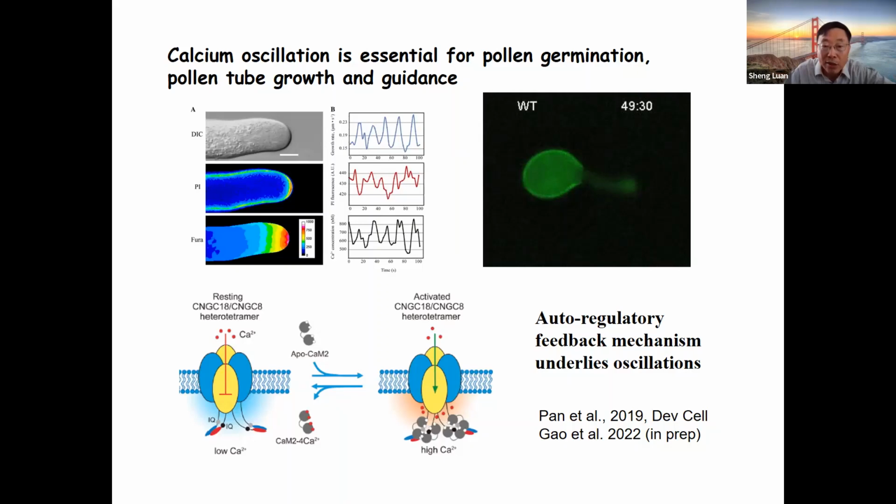Then the intracellular calcium again goes up until the peak, and then the calmodulin will bind the calcium, get dissociated from the channel, and start another cycle of activation and inactivation.